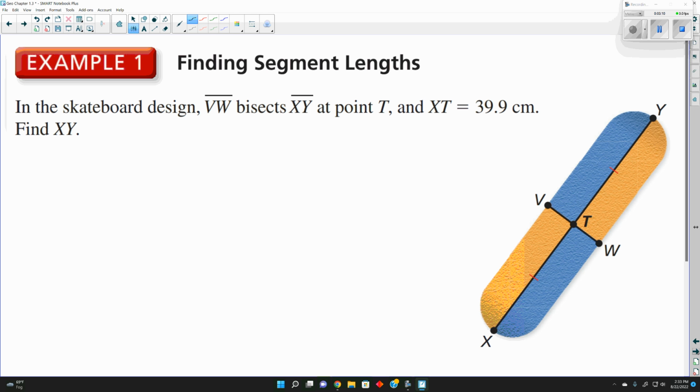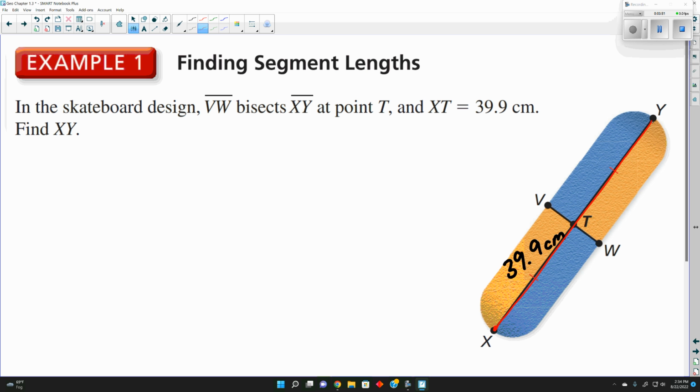In the skateboard design, VW bisects line segment XY at point T. So our segment bisector would be point T. If we were asked to name the segment bisector for this one, it would be point T. And they tell us that XT is 39.9 centimeters. Find XY.